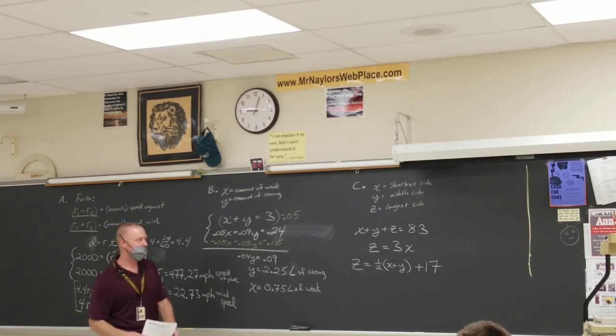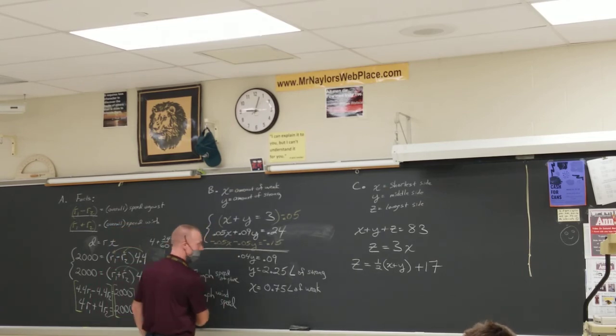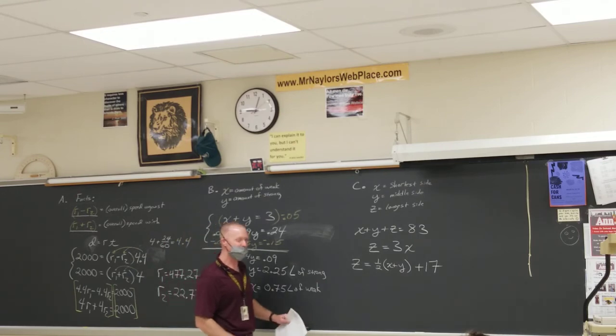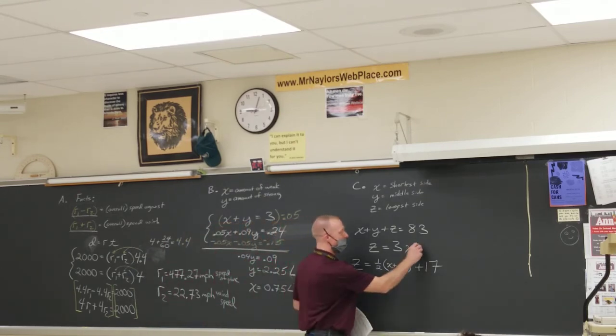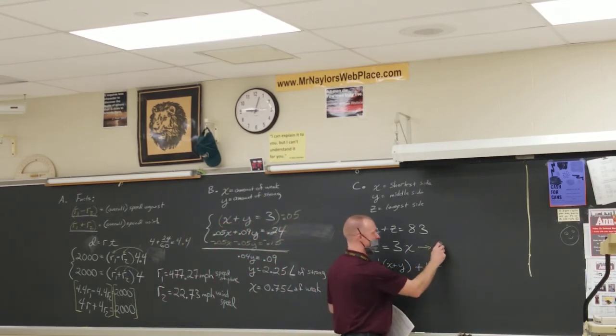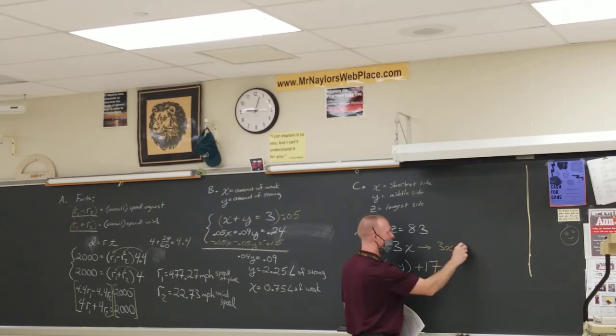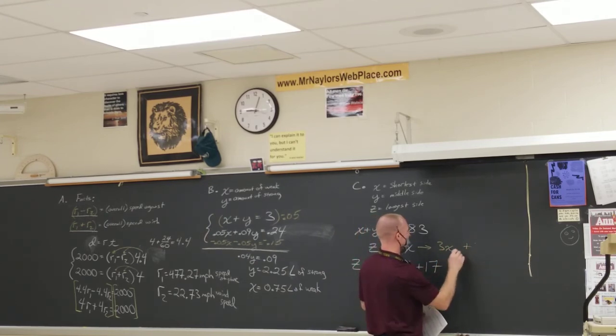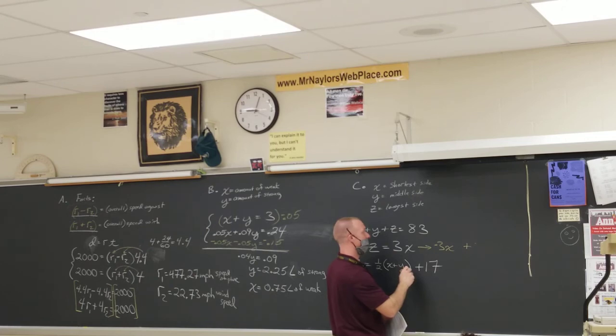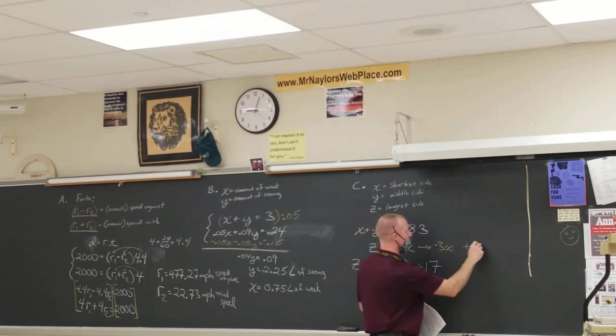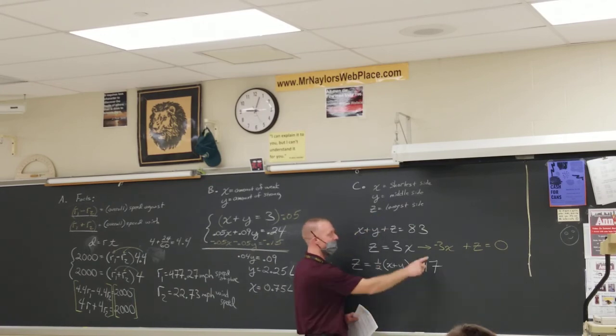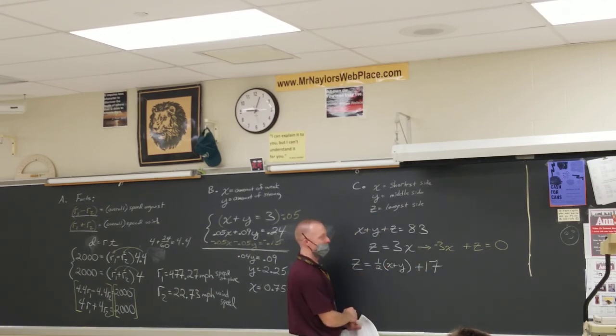How about rearranging these equations? Especially if you're thinking matrix method, then you're going to want to be thinking about making the equations be in the right organization. If you subtract 3x, then I can make that equation equal 0.